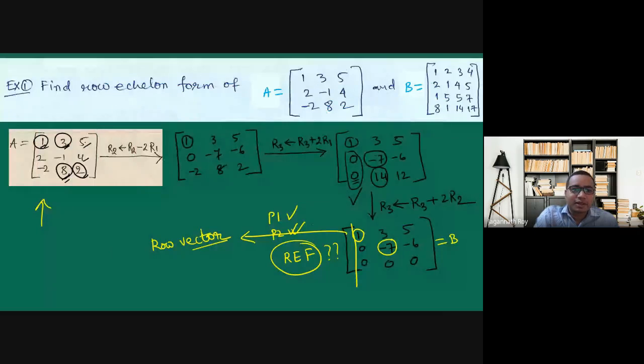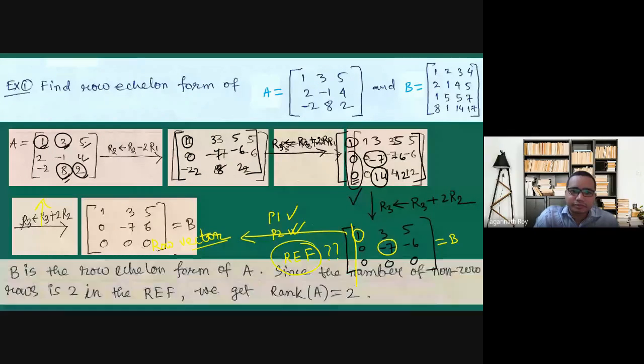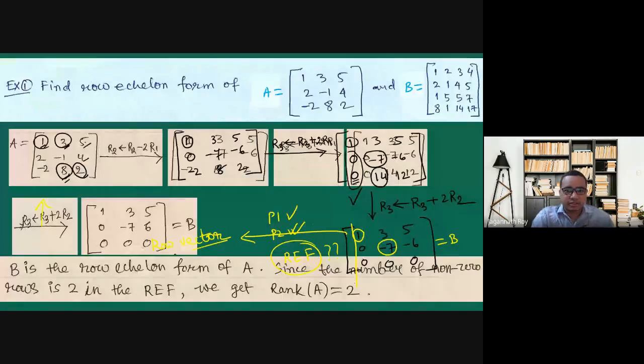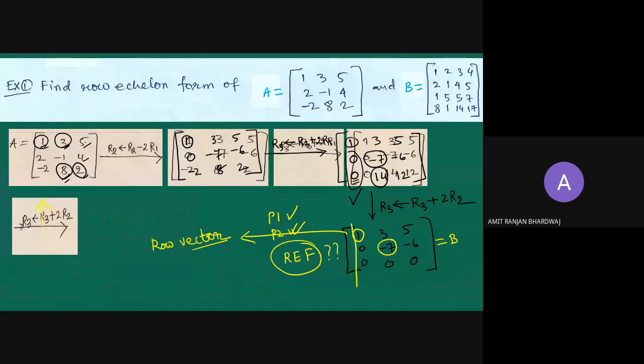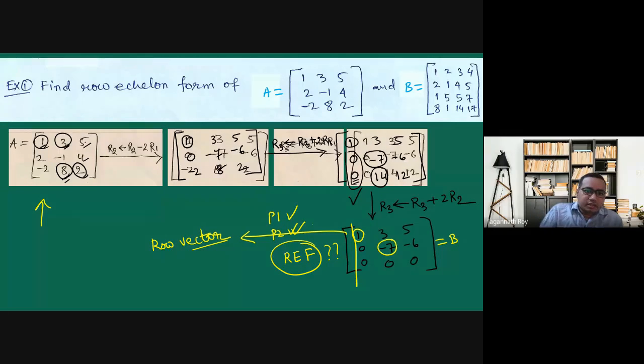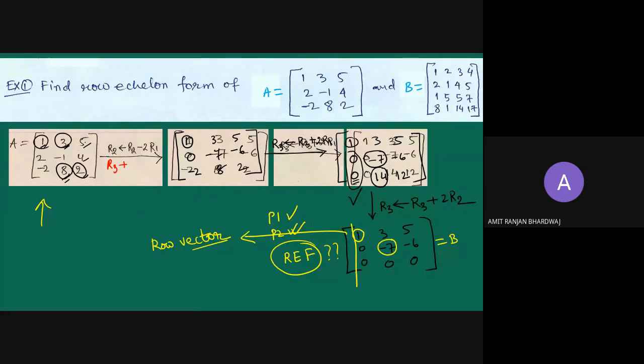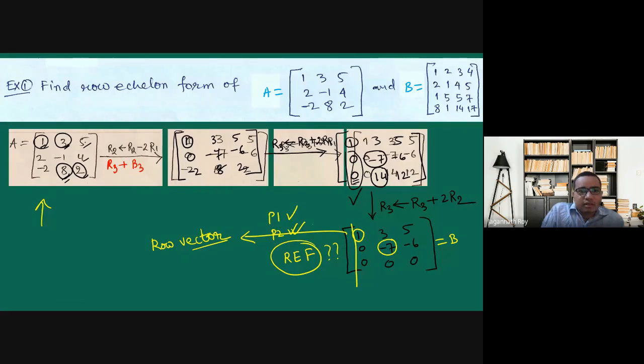If we go back, sir, in example 1, in place of the first operation, can we use R2 plus R3? Yes, you can do it to make it 0.